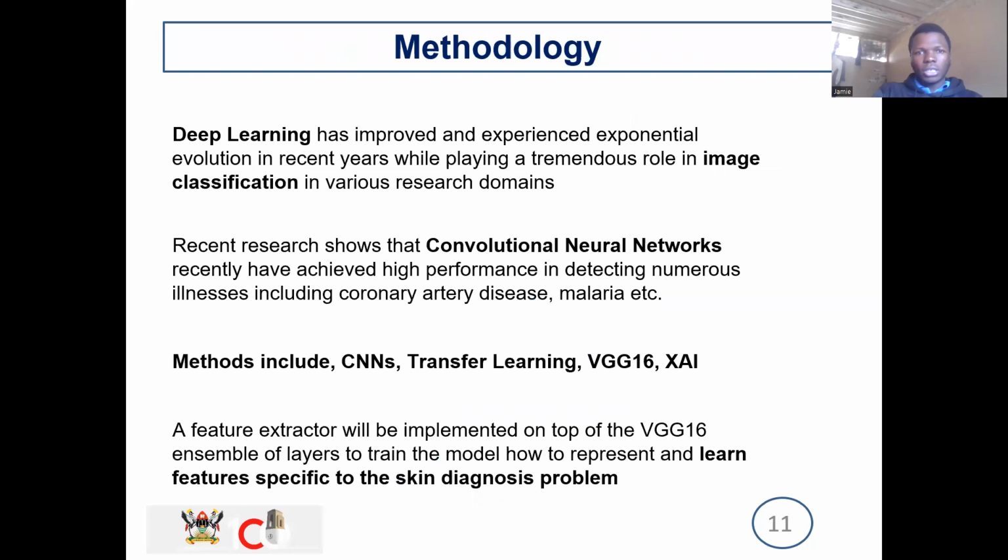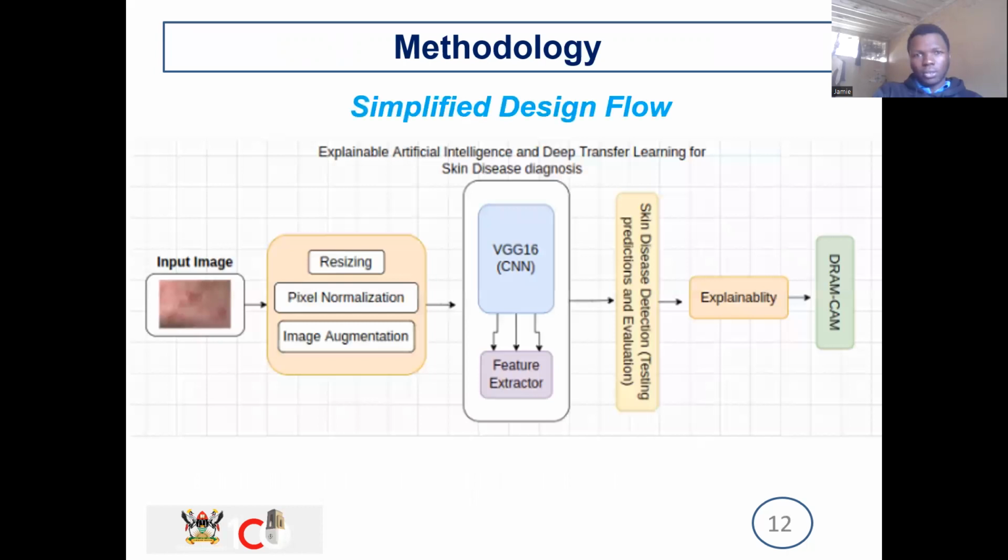So the methodology is practically, we're going to be using CNNs, that's convolutional neural networks, transfer learning models, VGG16 and explainable AI. Using this diagram, I'll simplify the explanation. We shall be feeding our model with imagery data, and this data will be pre-processed, undergoing resizing, pixel normalization, and image augmentation.